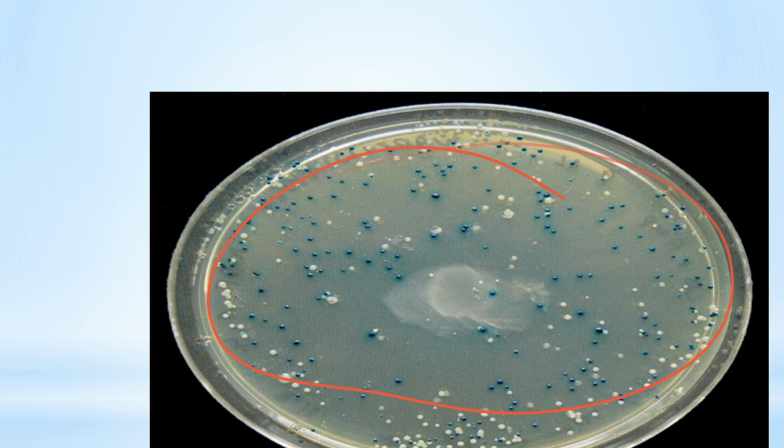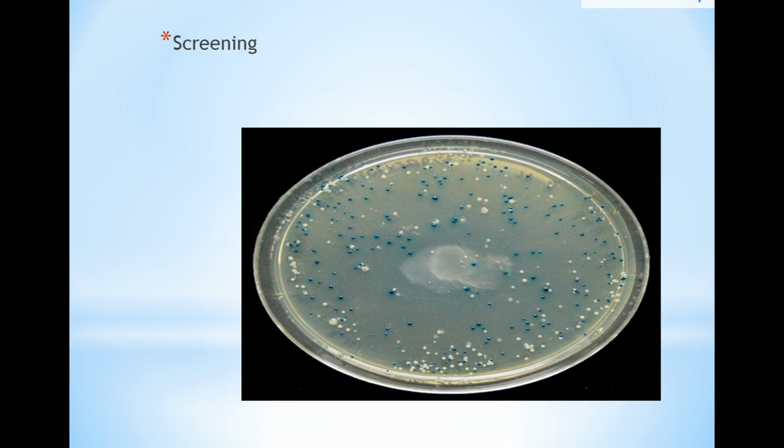After identifying transformed cells and eliminating the non-transformed cells, we proceed further. Screening is necessary so that we don't get false results at further stages. Screening can be done either by using antibiotics or by using the beta galactosidase enzyme.